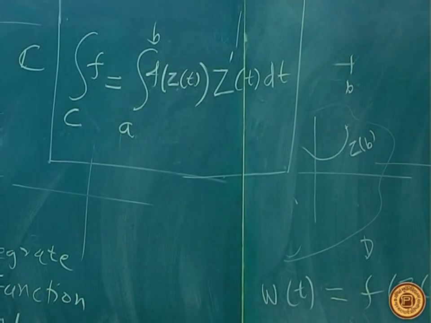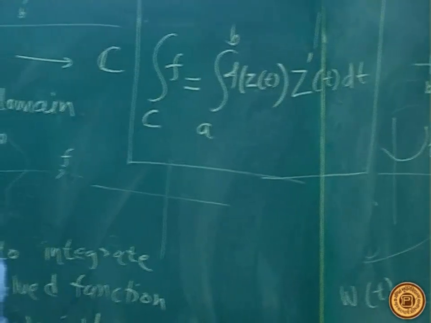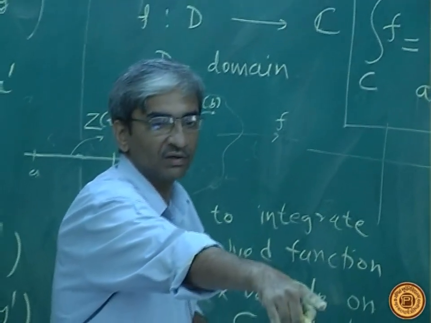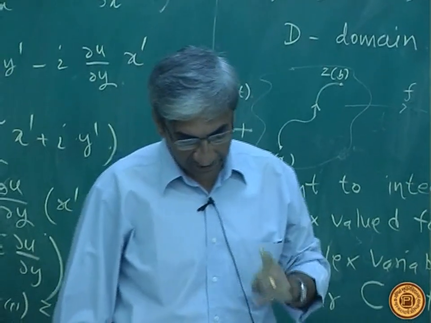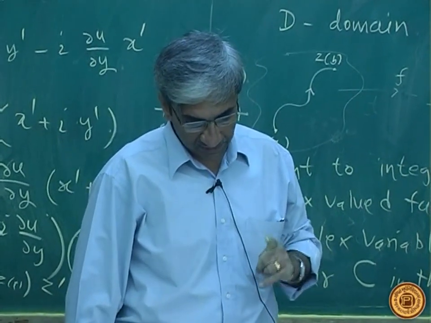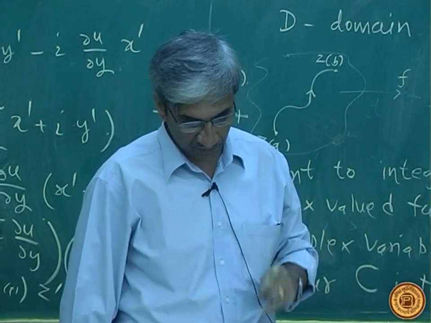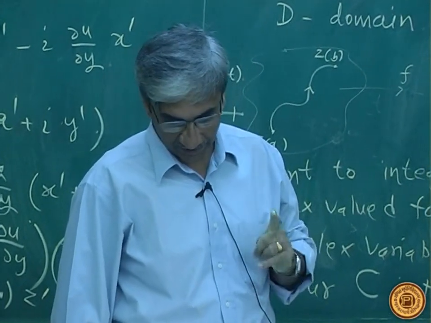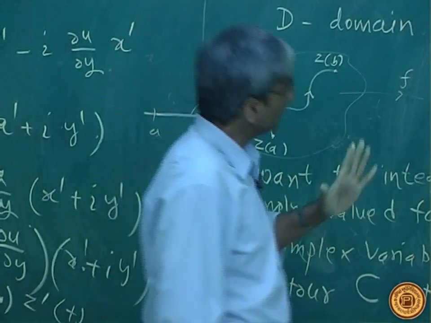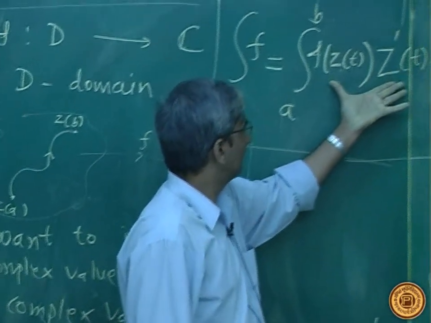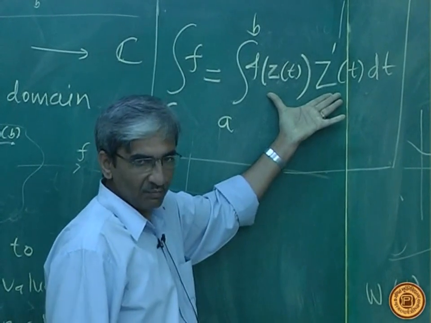Read the comments immediately after the definition on your screen, white screen, notes. Note that the right hand side of the equation above is an integral of a complex valued function of a real variable t on the interval [a, b], and we know how to evaluate such an integral. This integral is some function of t but complex valued.